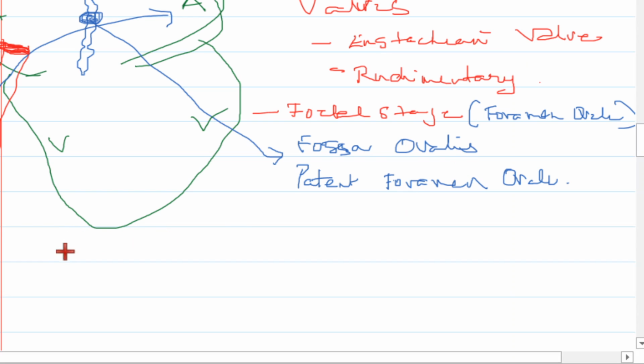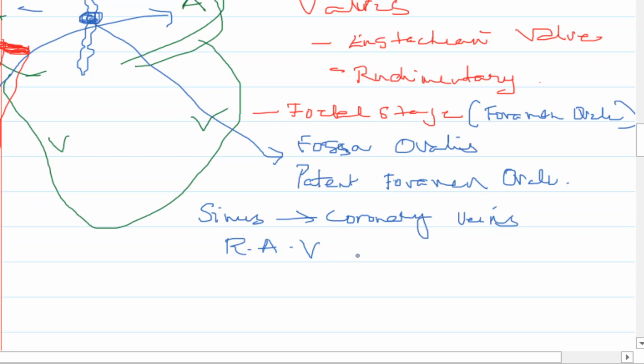It all drains into a sinus, and then it opens into your right auricle. The sinus from all the coronary veins opens into your right auricle, and that has a valve before it opens. It is called the valve of Thebesius.